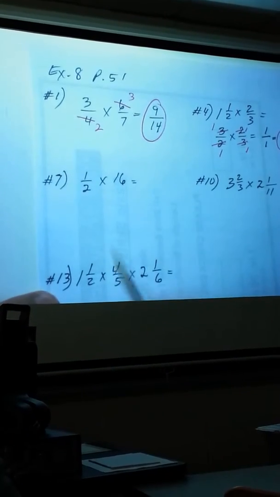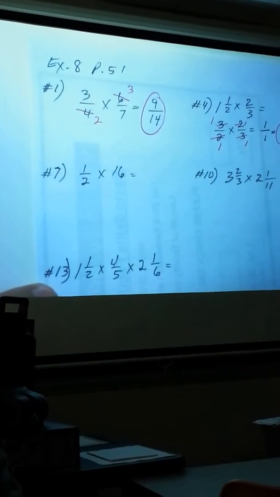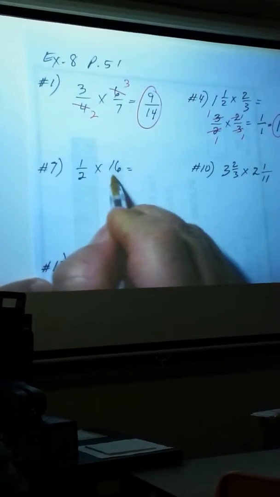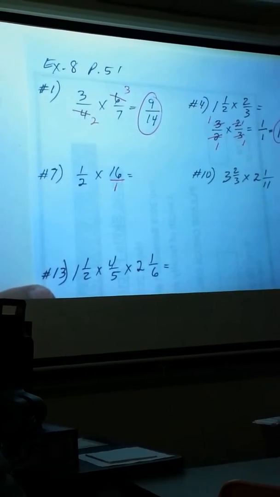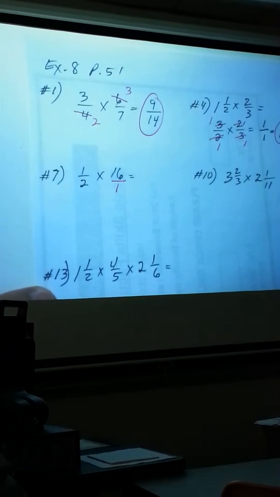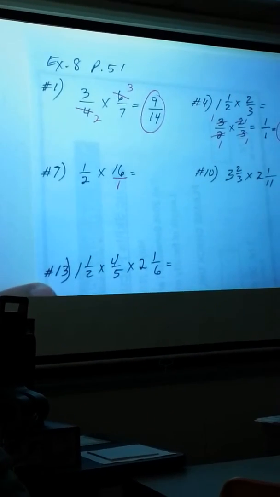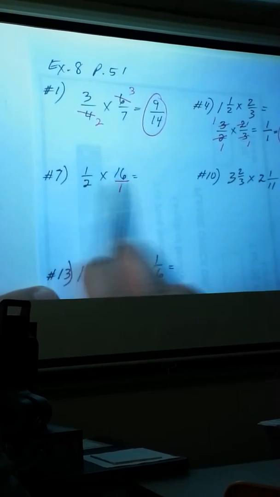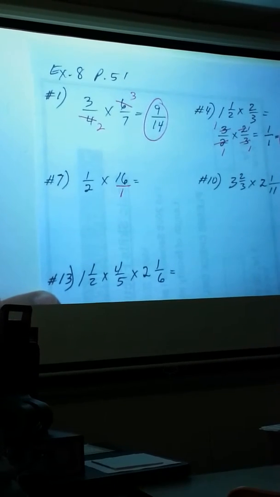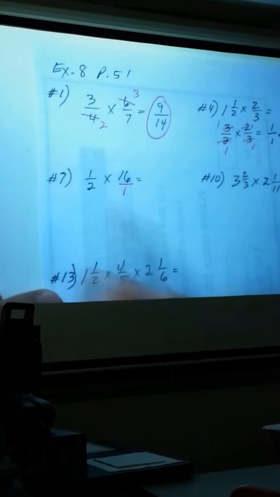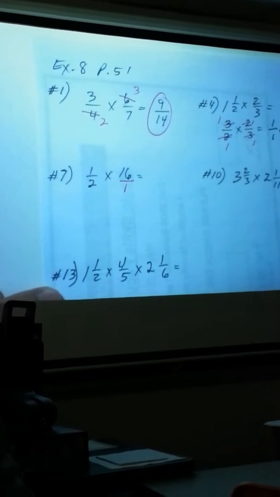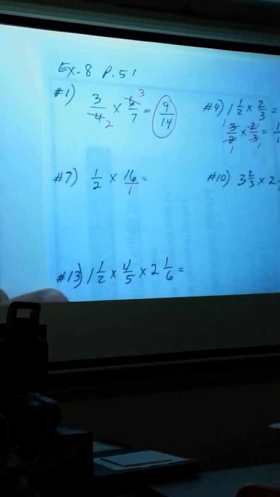Number 7. 1/2 times 16. Whenever you see a whole number, this is understood to be a 1. Always understood if it's a whole number. Now, it doesn't seem like we have a mixed number here. So what we need to do now is just cross cancellation. What goes into 2 and 16? 2, right?